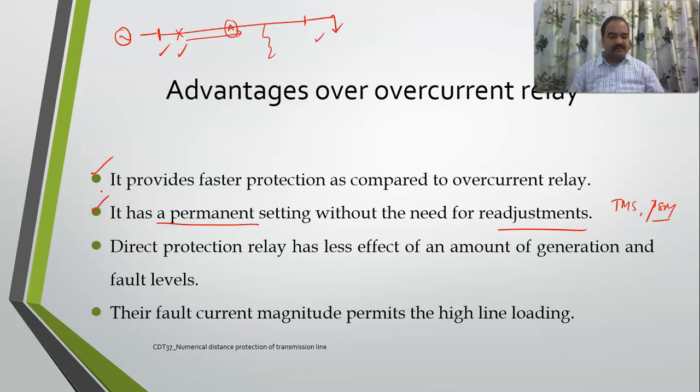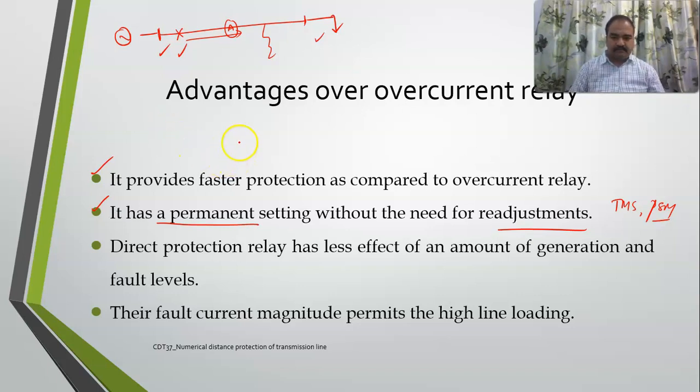And the biggest advantage is that because they only take the calculation of V and I, they will just measure the things and take the ratio. So that's why their fault current magnitude permits very high line loading also. This is one of the biggest things.